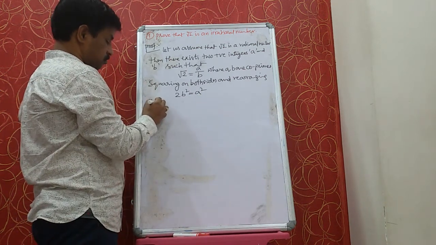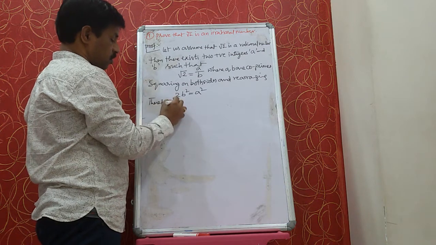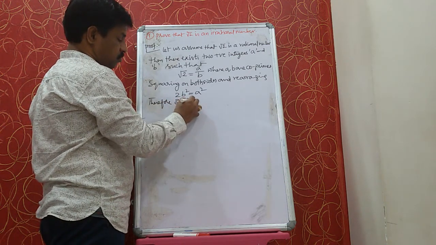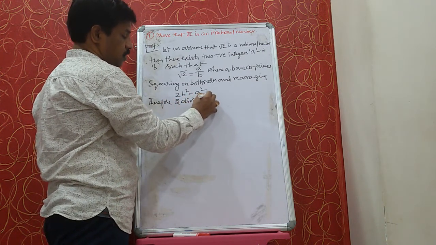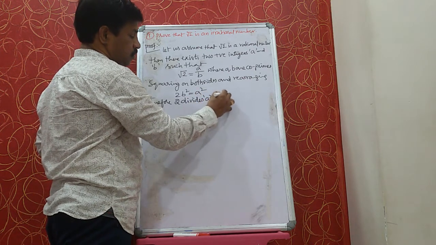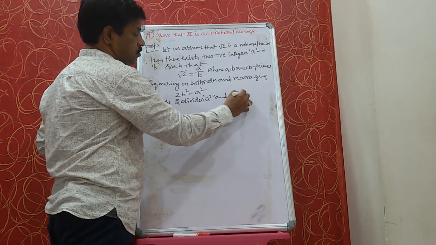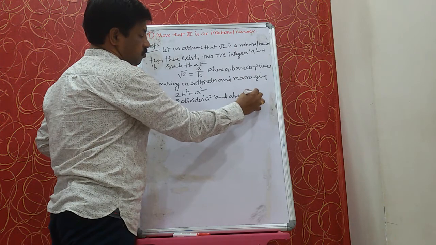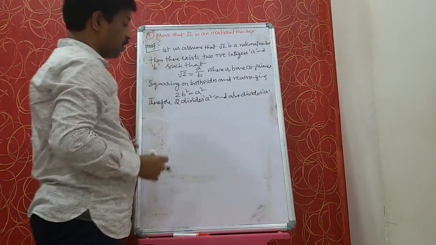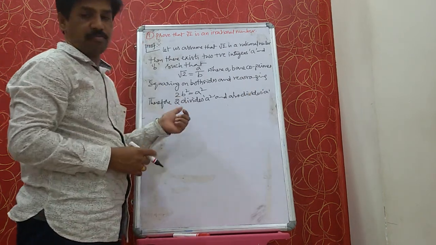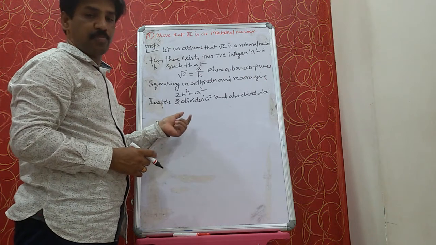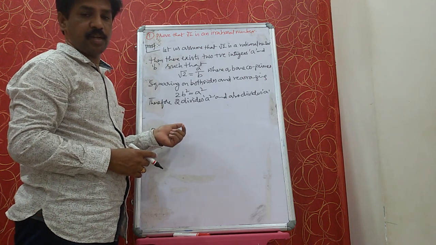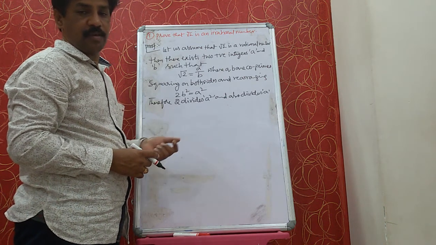Therefore 2 divides a square and also divides a. In the previous concepts we have one theorem: if a prime number p divides a square, it also divides a.